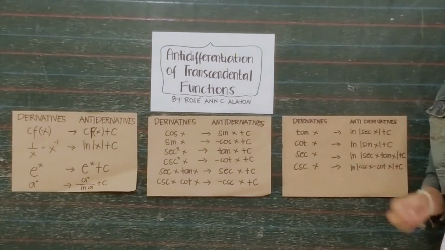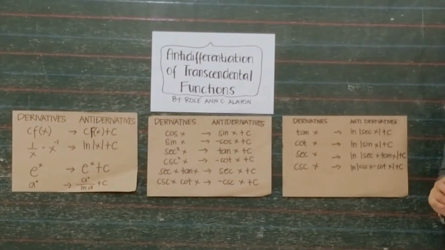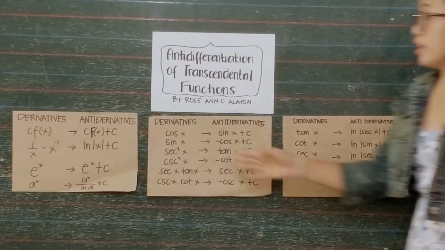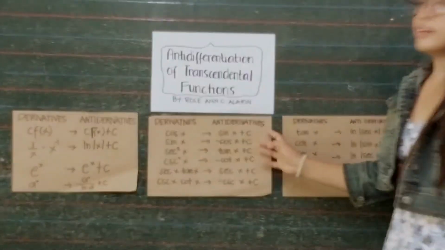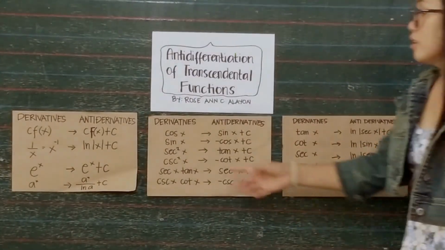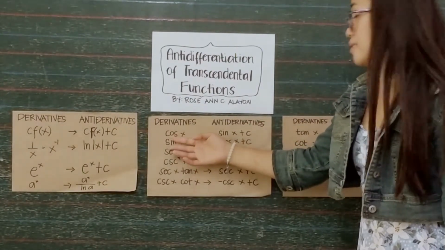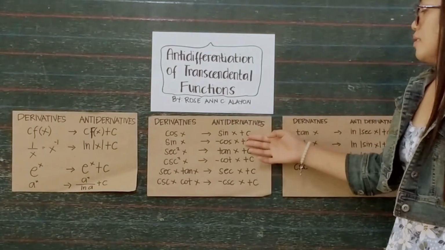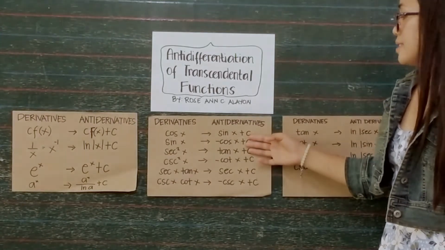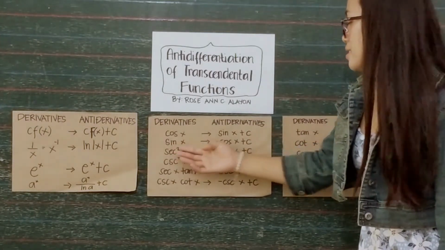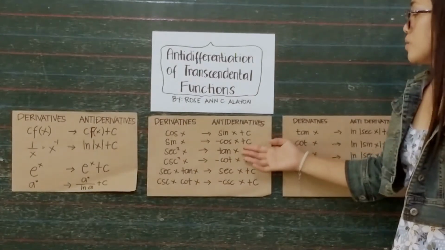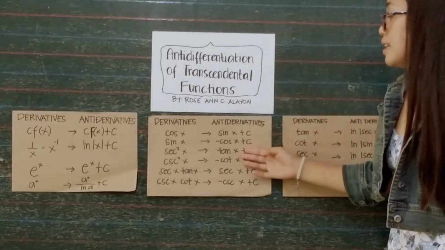So we will also introduce the antiderivatives of trigonometric functions. So here are the derivatives and the antiderivatives. The antiderivative of cos x is equal to sin x plus c. Sin x is equal to negative cosine x plus c.